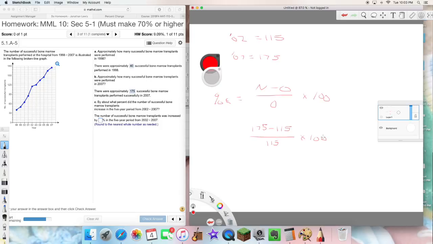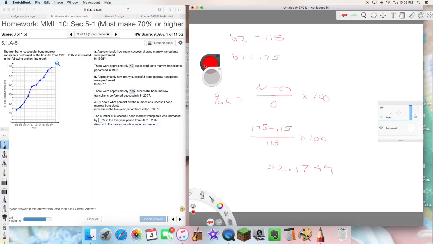175 minus 115, divide by 115, multiply by 100, and you get 52.1739, and so on. Now, look at what the problem states. It says round to the nearest whole number as needed.